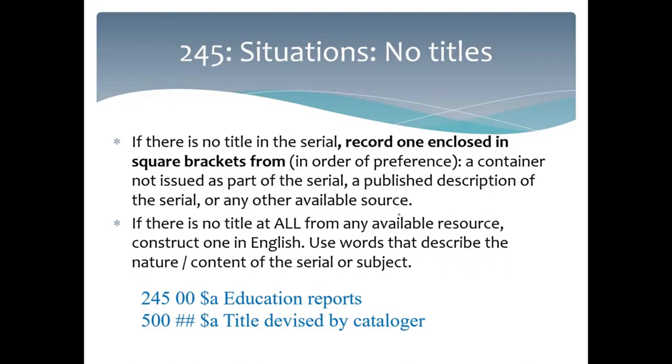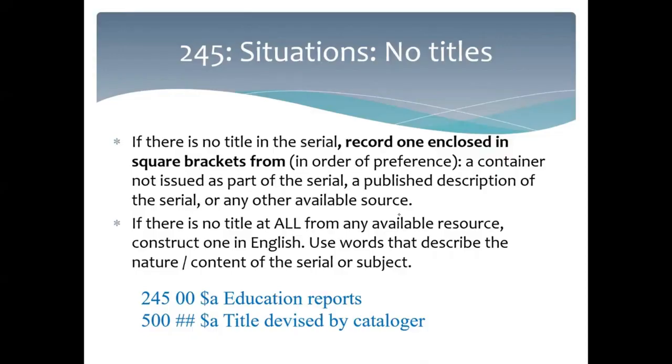So you can use any available resource, but make sure you add a note to explain where that came from. That becomes very, very important for serials because of the different ways they can be cataloged with the latest entry and the earliest entry.